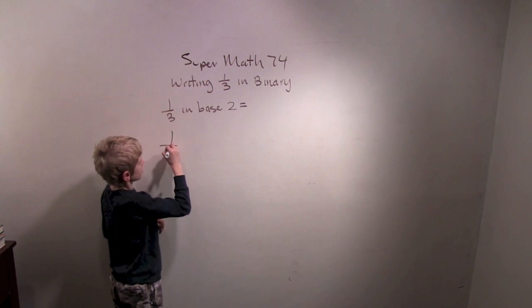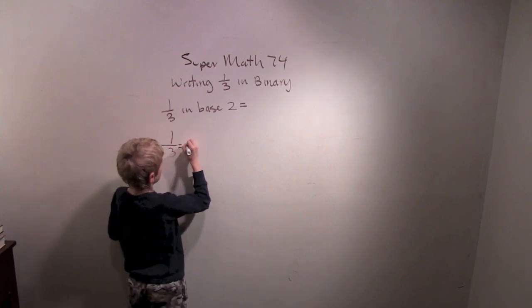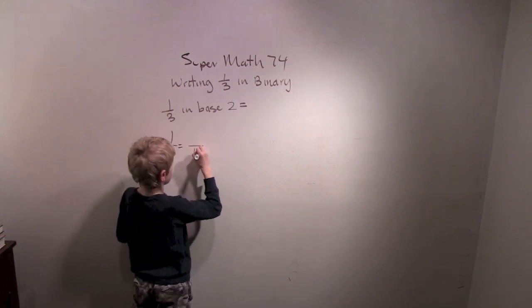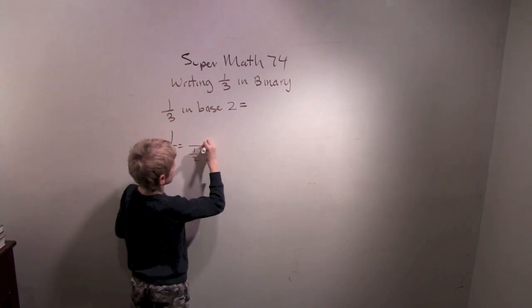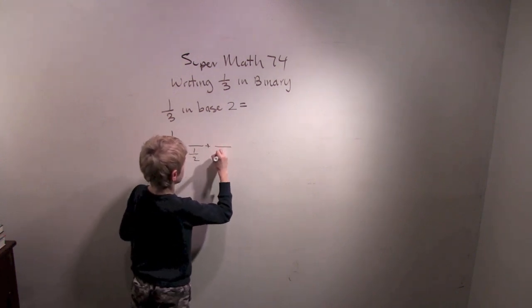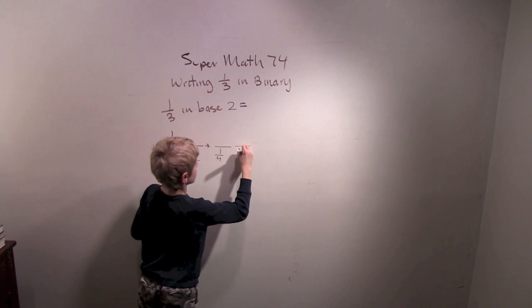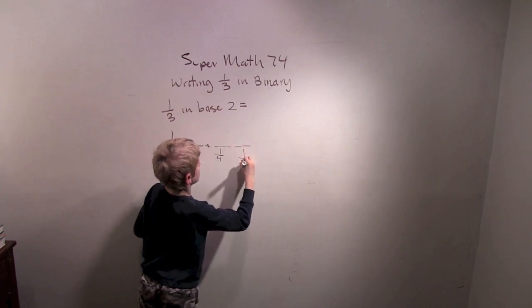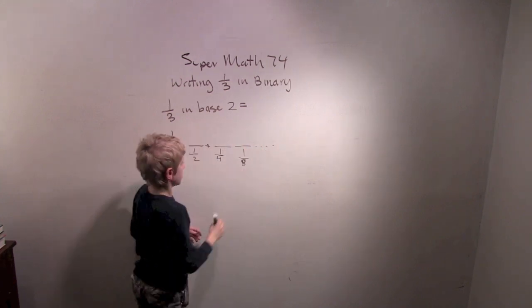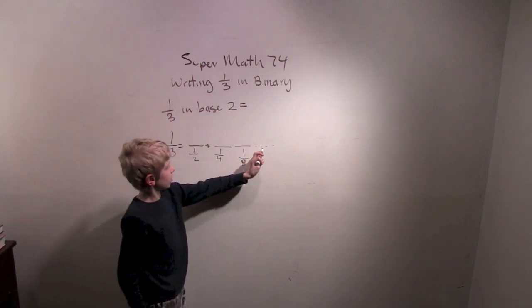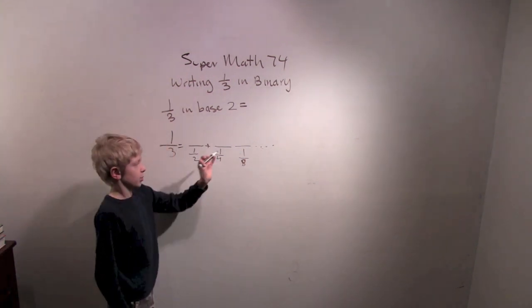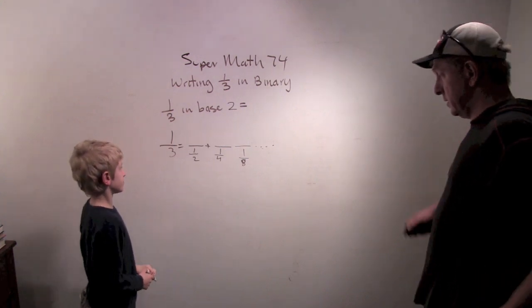Well, you can write 1/3 as some amount of halves plus some amount of fourths, some amount of eighths, and then you go all the way up the powers of 2. Great.